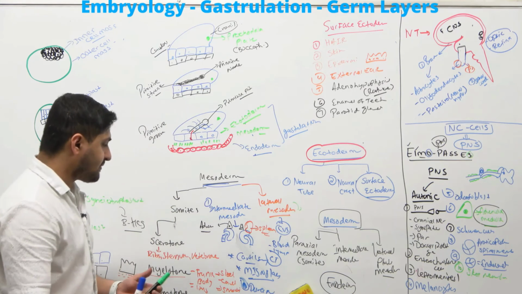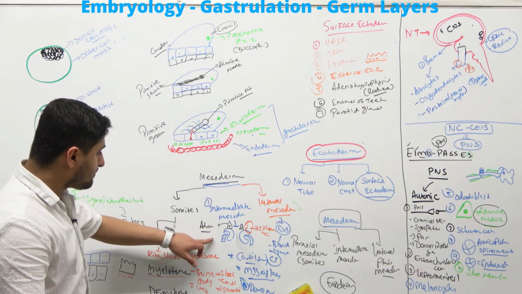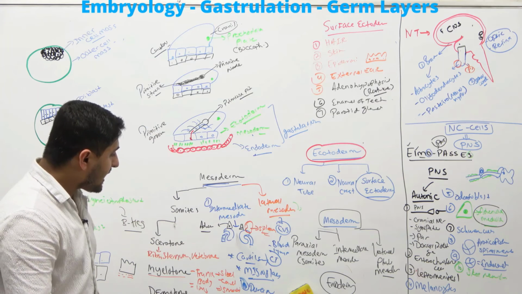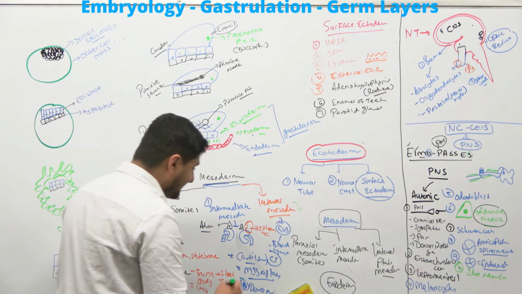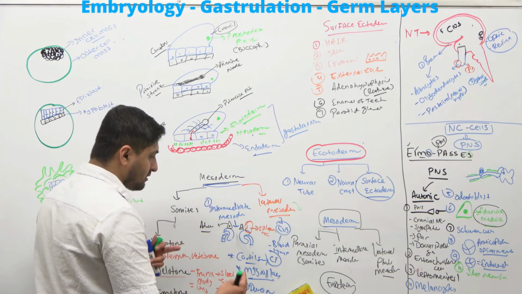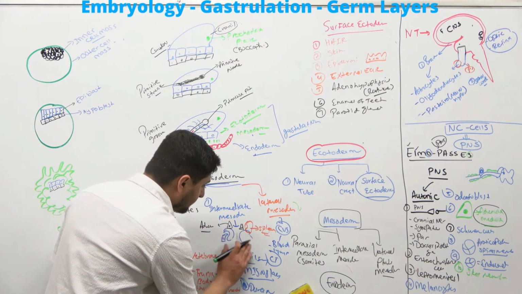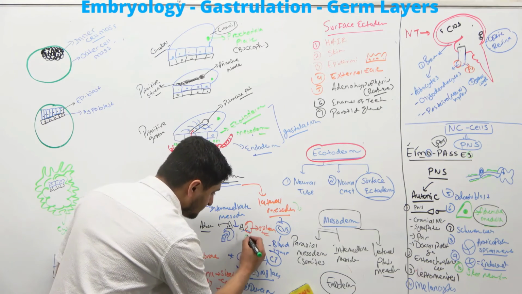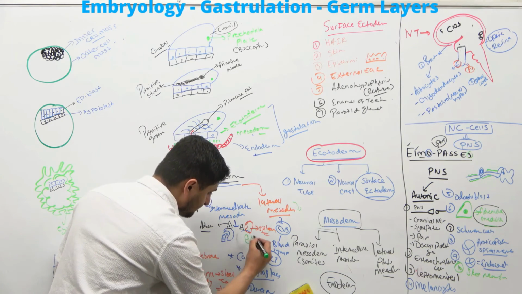And to be very specific, intermediate mesoderm gives rise to the kidney. Rather than saying urinary system, so we don't get confused, let's just say gonads.